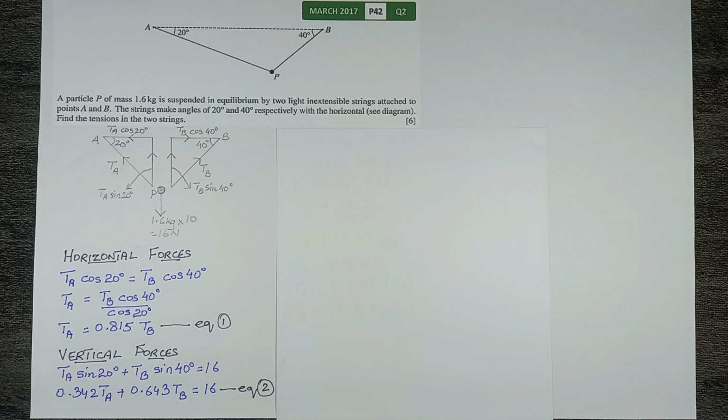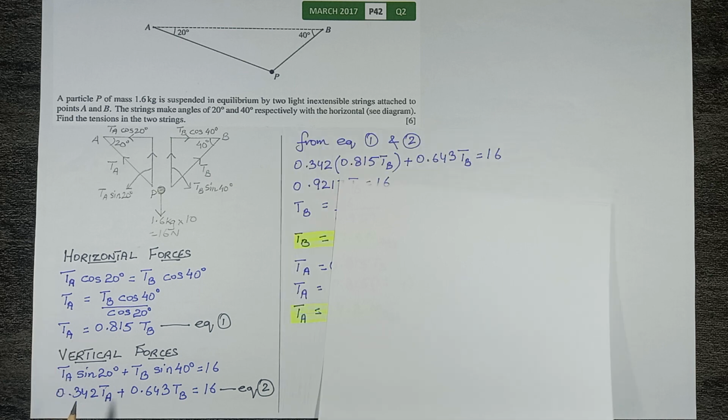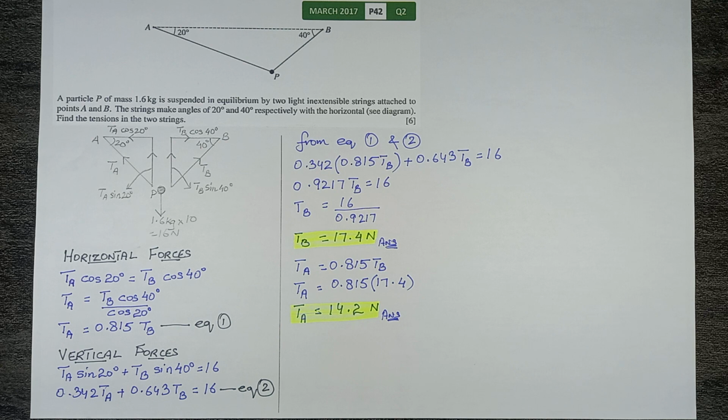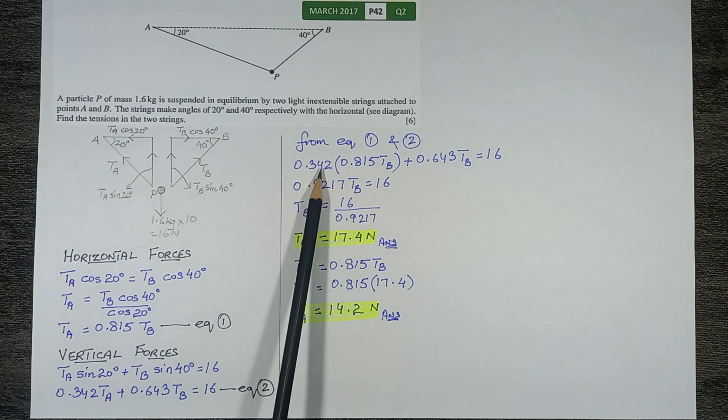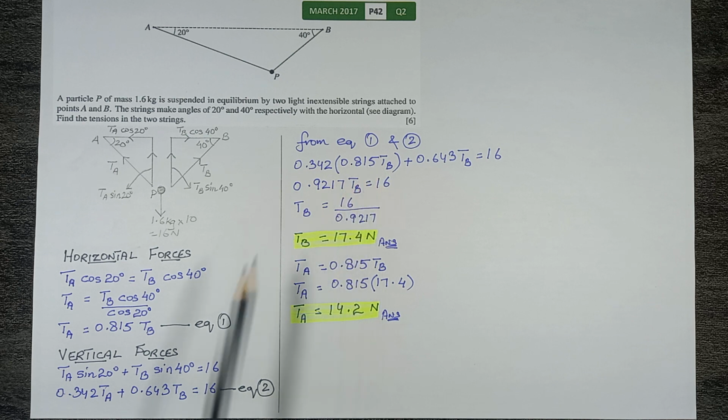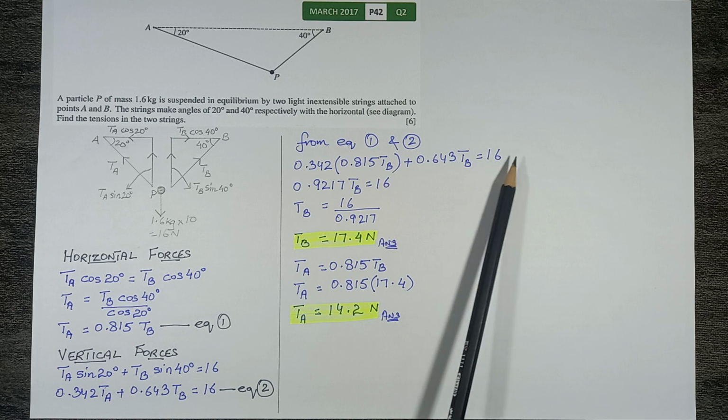Now, in order to find the value of the tension in both strings, that is TA and TB, simply substitute the value of TA in equation 2, as we have done over here. So equation 2 is 0.342, and instead of TA we write 0.815 TB, and the rest of the equation is the same, plus 0.643 TB equals 16.